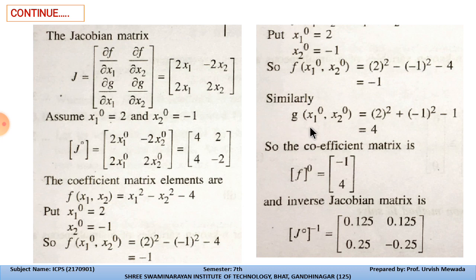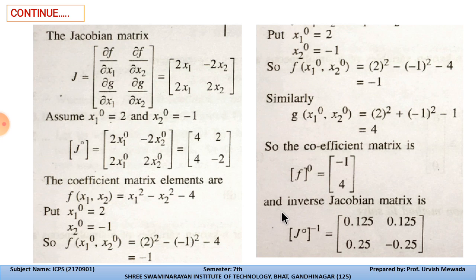Similarly, g at x1 raised to 0, x2 raised to 0 will become 4 by putting the values of x1 raised to 0 and x2 raised to 0 in this equation. So the function matrix, say f raised to 0, is equal to minus 1 and 4. This is the value that we get after putting the values into the functions and the Jacobian matrix equation.